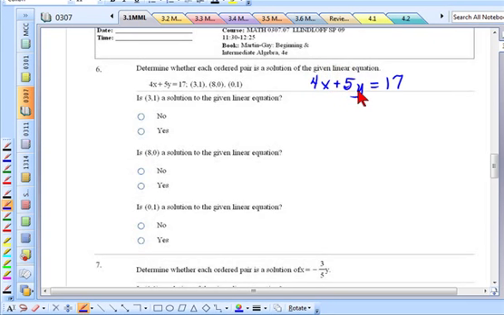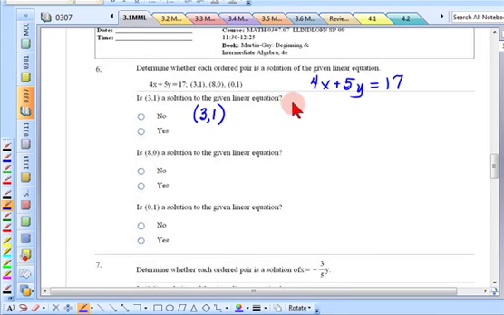So if they're going to ask me if something is a solution, they're going to give me an ordered pair, which is an x and a y. They want to know, is 3, 1 a solution? Well, what's going to be my process for checking? Plug in. And you've got something to plug in for x and something to plug in for y.